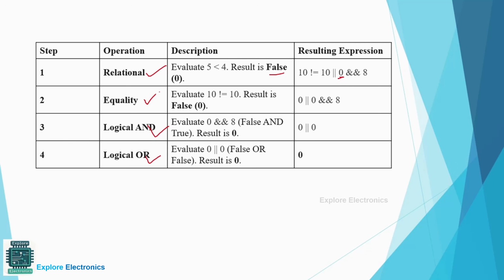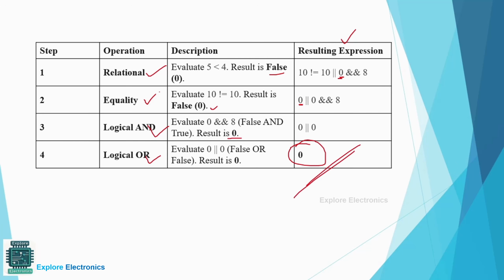So I will write 0 here. This is the resulting expression column. Then equality: 10 not equal to 10 is obviously 0, so I will write 0 over here. Then we have to perform the AND operation. Here 0 && 0, the result is 0. The final answer we get is 0.